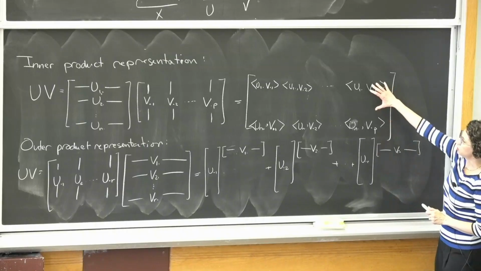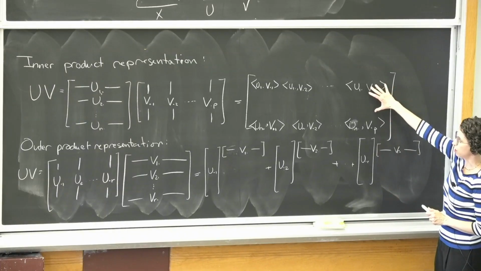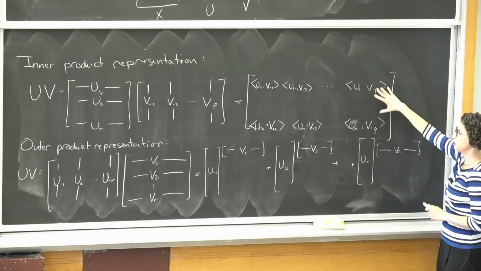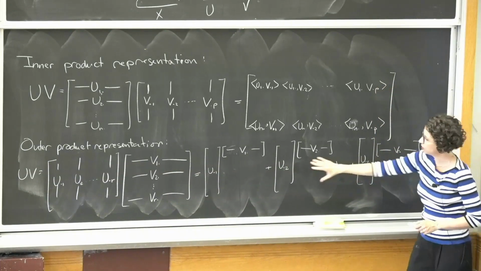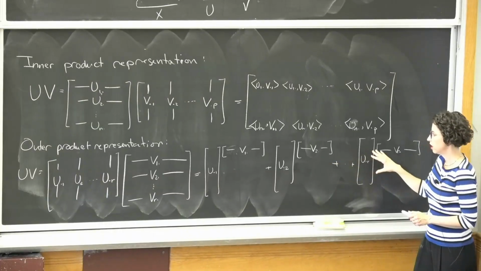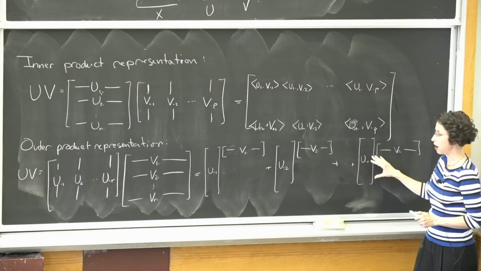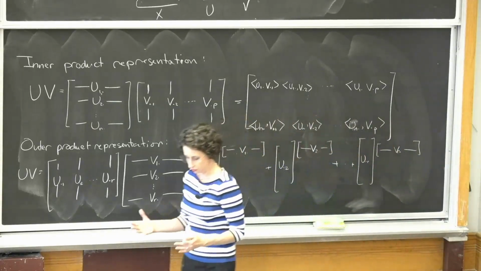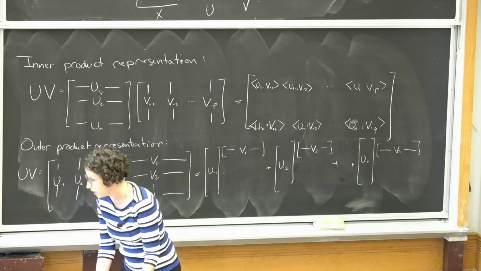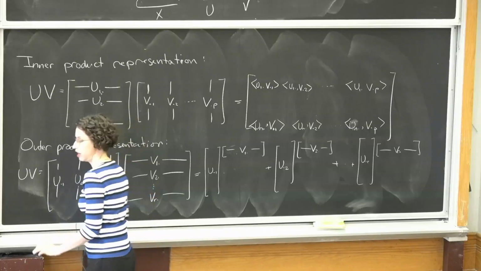So instead of representing my matrix product as a collection of n times p different inner products, I can represent it as this sum of different outer products. And so this can be useful in a number of ways. We'll see several in the context of this class.